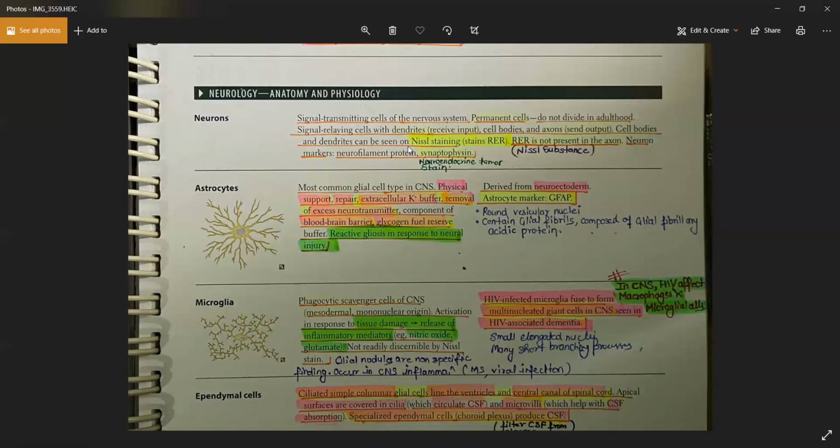Whenever you hear the word Nissl staining, that means you are staining the rough endoplasmic reticulum within the cell body. The neural markers include the neurofilament proteins and synaptophysin. Whenever you have any neuroendocrine tumor, you can have these markers, the neurofilament proteins and synaptophysin. Very important.